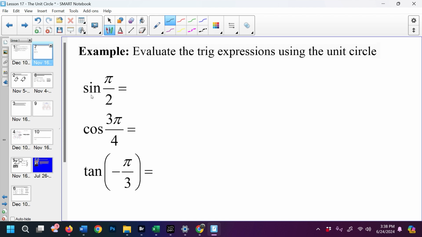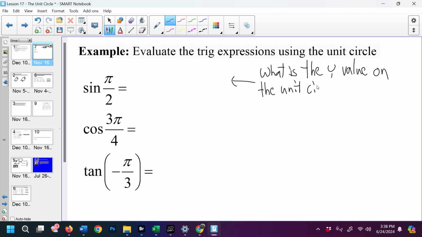So if I say, what is the sine of pi over 2? What that literally tells me is what is the y value on the unit circle when theta is pi over 2.